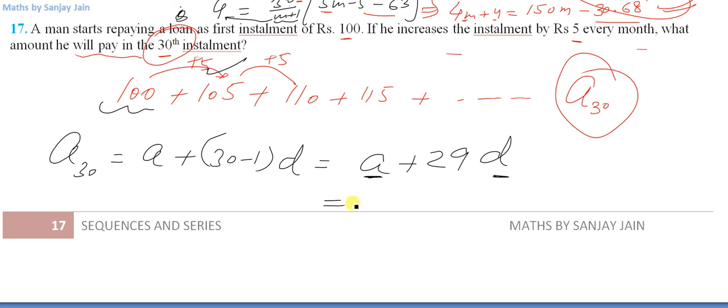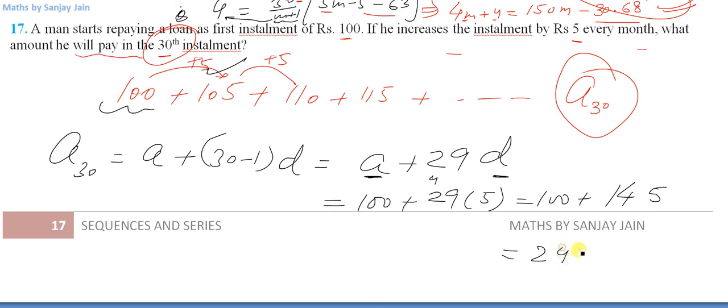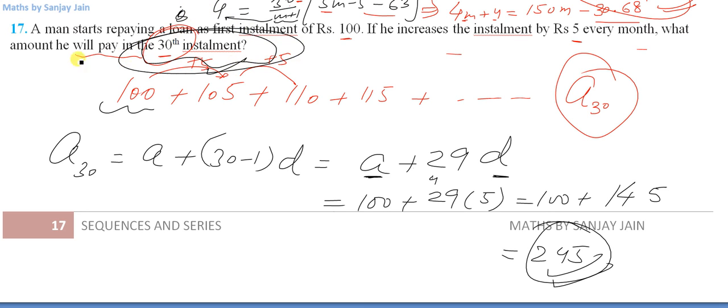So this is a very basic question. 100 plus 29 into 5 should be my answer. That is 100 plus 5 nines are 45, 10 plus 4, 145. So this is equal to 245. Rupees 245 will be paid in the 30th installment. Okay, 245 is your answer.